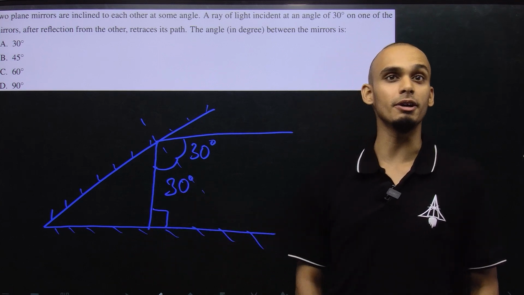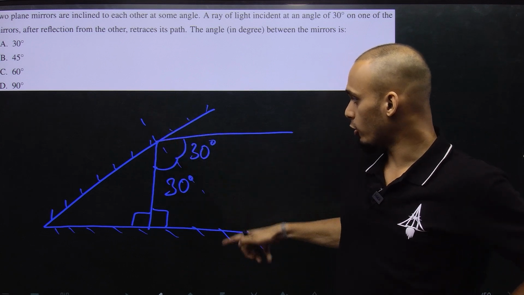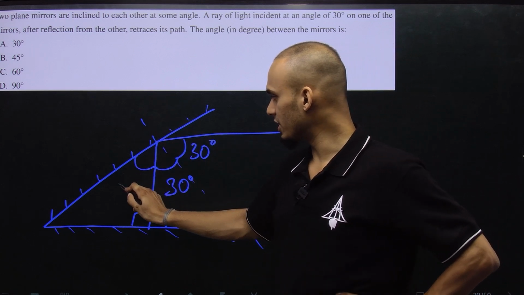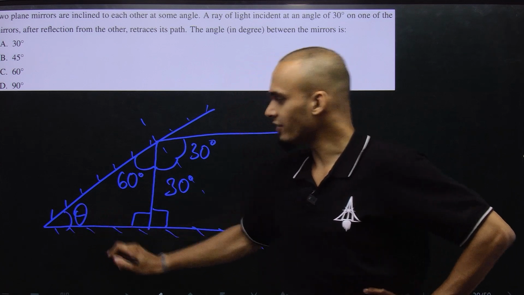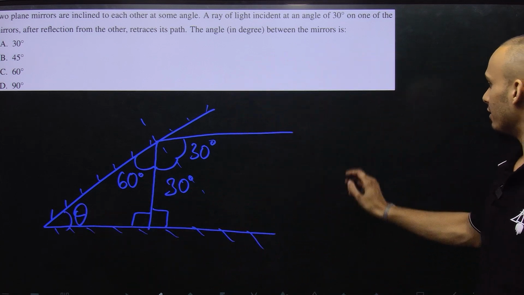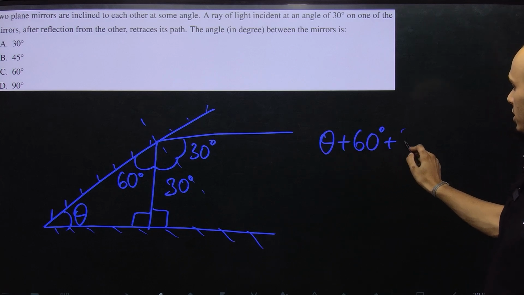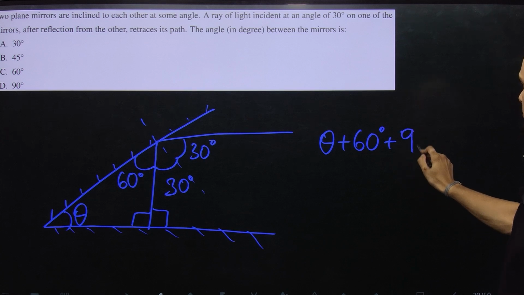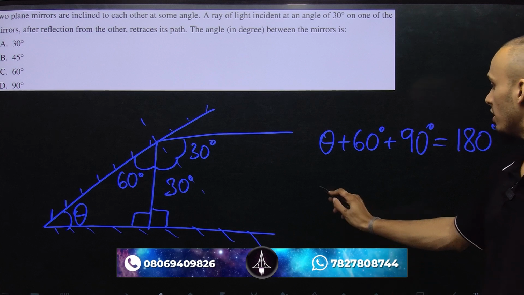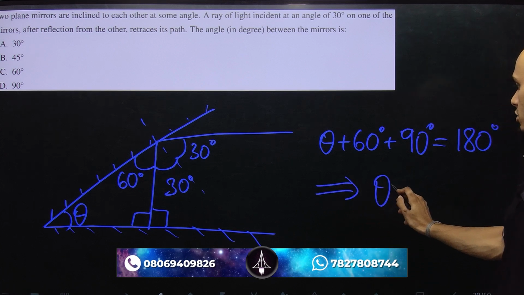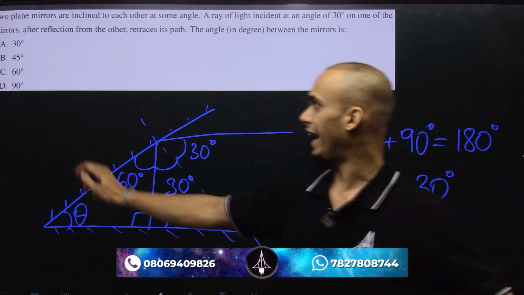And since this is perpendicular, the inside angle should also be perpendicular. This is a normal to the mirror, so this angle should be 60 degrees complementary to it. So if this angle is theta, then for this triangle we have theta plus 60 degrees plus 90 degrees should be all equal to 180 degrees, angle sum property. Hence we have theta is equal to 90 minus 60, 30 degrees. From here the answer will be A.